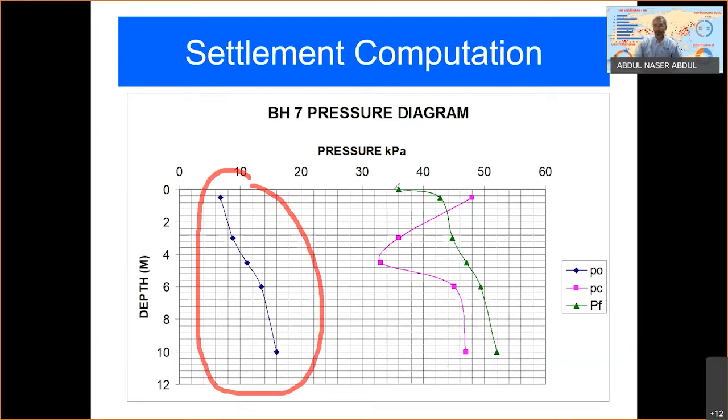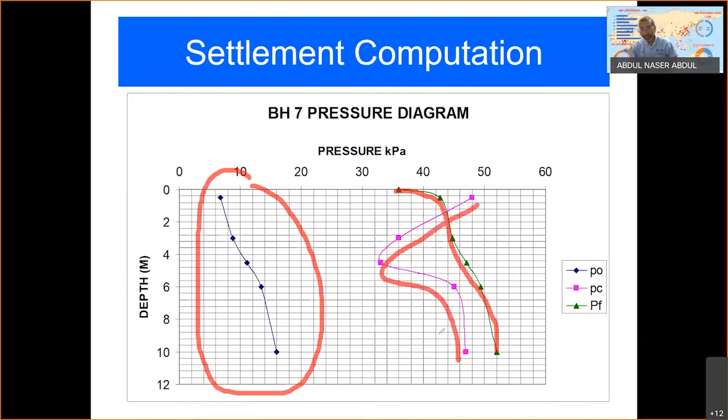The green one here is the pressure we expect after the project is completed, the future. This pink one here is the previous maximum pressure.